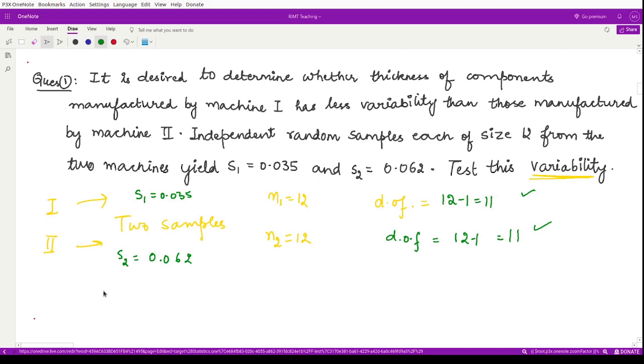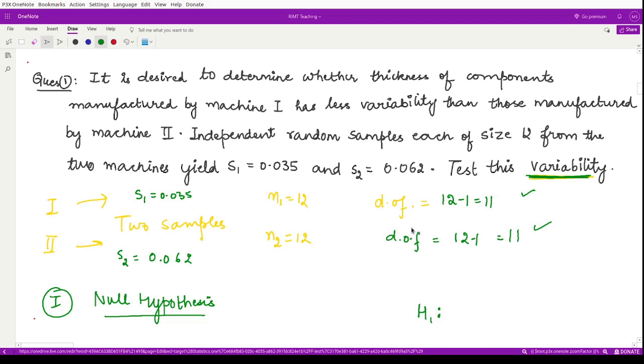Now first of all, we'll write the null hypothesis. Here what we want to check is whether there is any difference in the variability of the products manufactured by two machines.